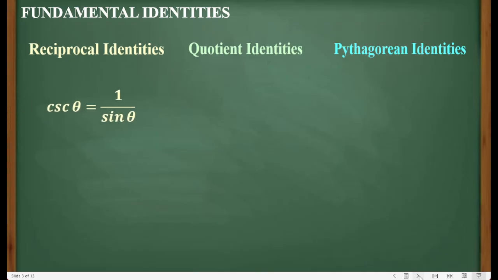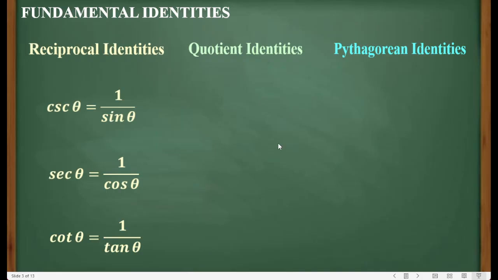Under the reciprocal identities, we have the following. Cosecant theta is equal to 1 over sine theta. Next, secant theta equals 1 over cosine theta. And then cotangent theta equals 1 over tangent theta. So we have three reciprocal identities.